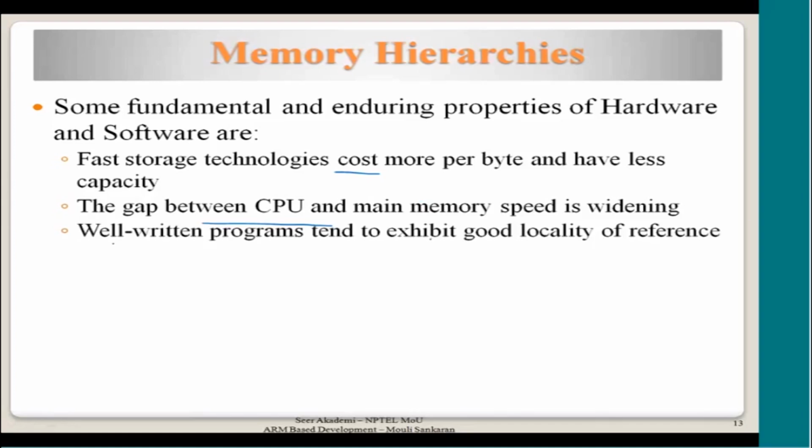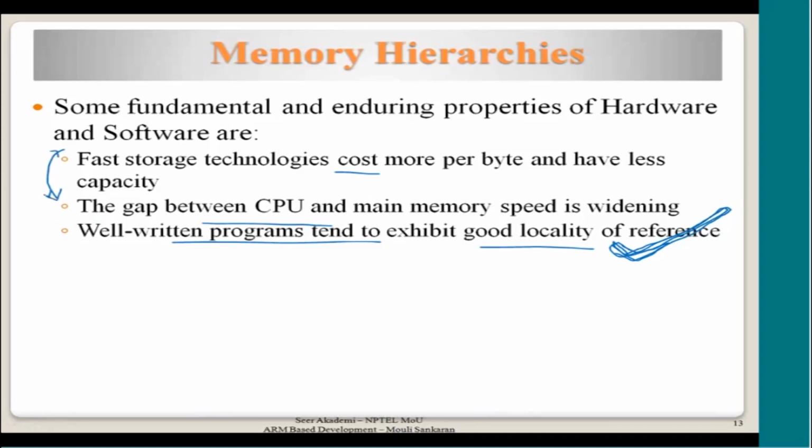And well written programs tend to exhibit good locality of reference. This is one benefit which we got. We didn't do anything particular for this, but programs are such that they always need data which are very close to each other, which are accessed very frequently. So we have this advantage and we have some disadvantage. Because of this, we are going to marry these two to our advantage.